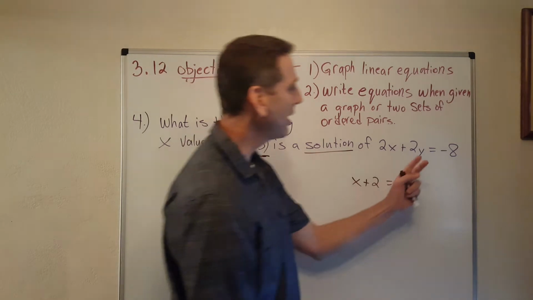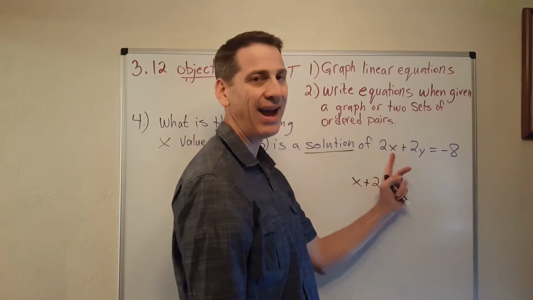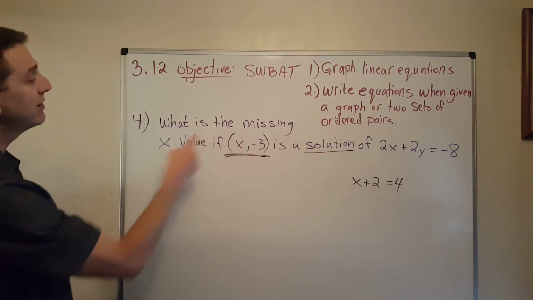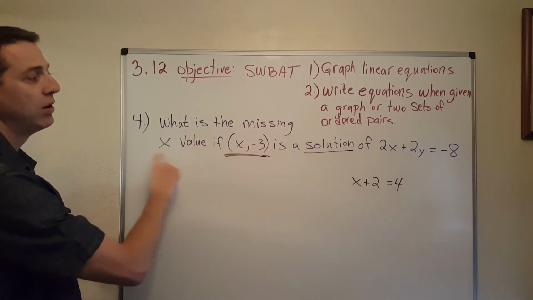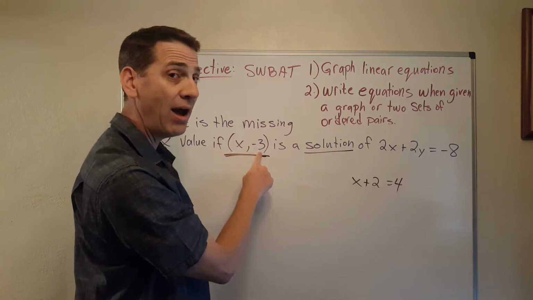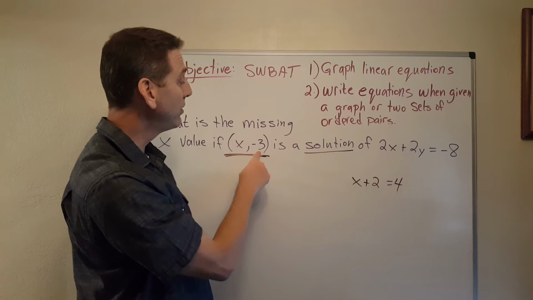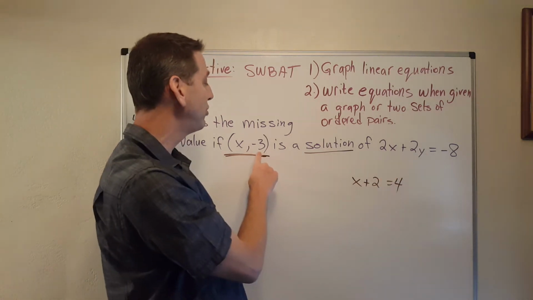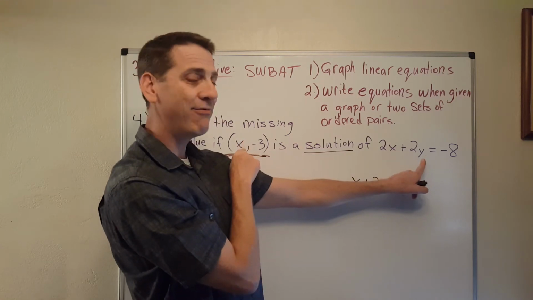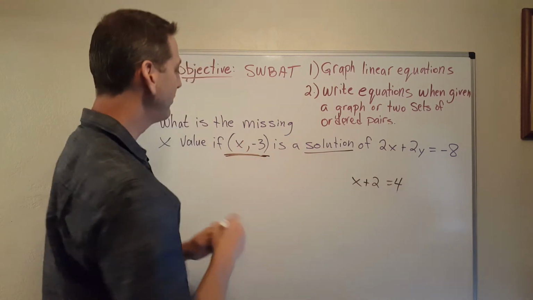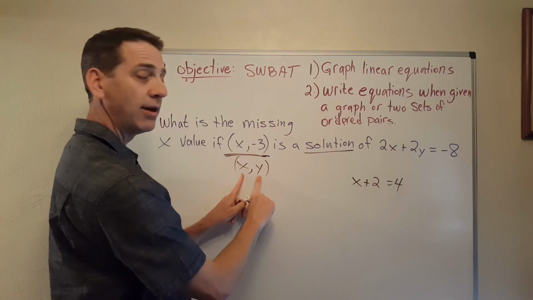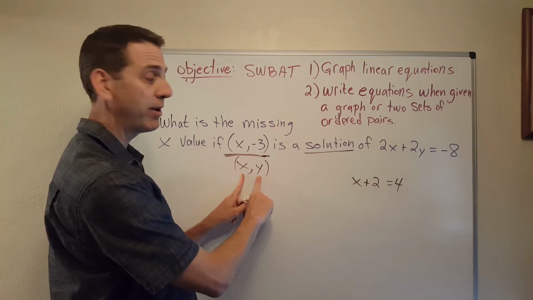The only problem is, if we know what y is, we still don't know what x is. That's what they're asking: what is the missing x value? Since negative 3 is a solution, we're going to substitute negative 3 in for y, because every ordered pair is written x and then y, in alphabetical order.